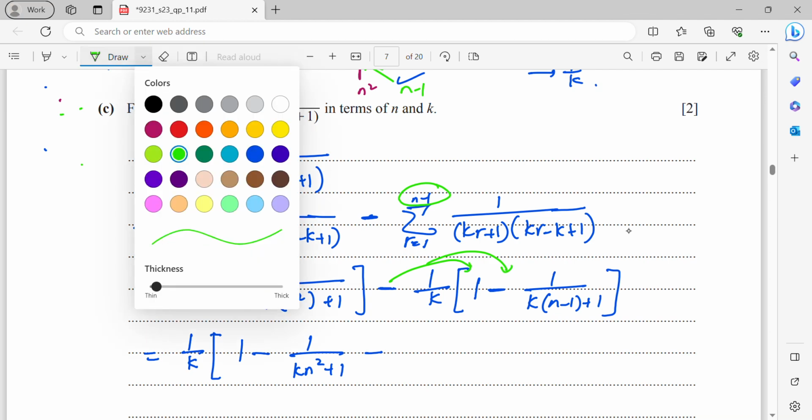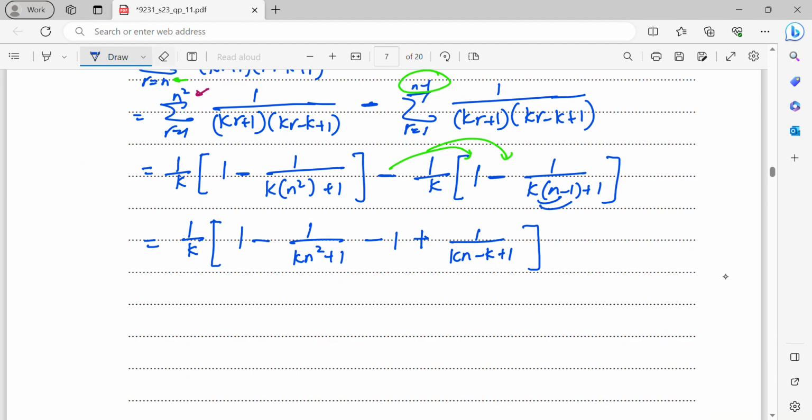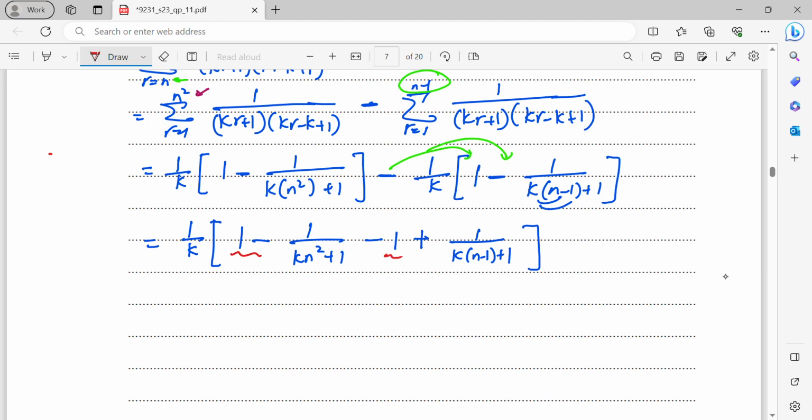So the first term you will get minus 1, second term is plus 1 over k of n, then we do expansion, minus k plus 1. Or if you want to do expansion, we can just leave it. That will be better. So I will write k of n minus 1 plus 1. So now from this step, you will notice that the first and third terms will be 0. Then I just need to rearrange.